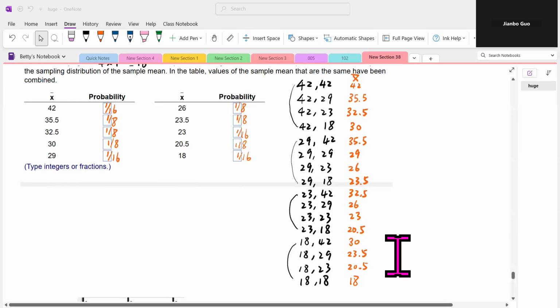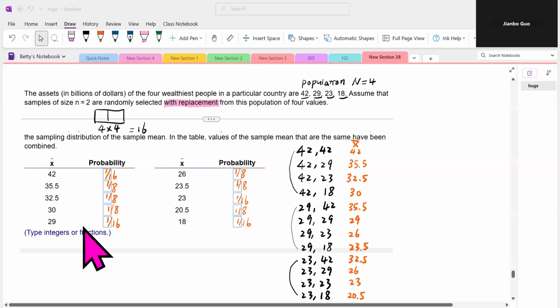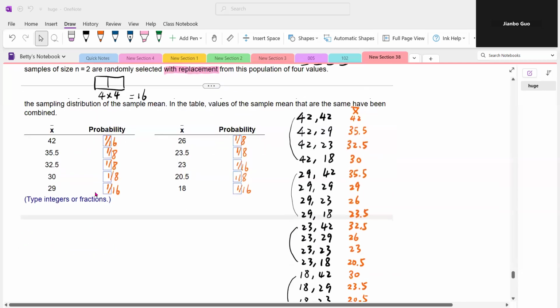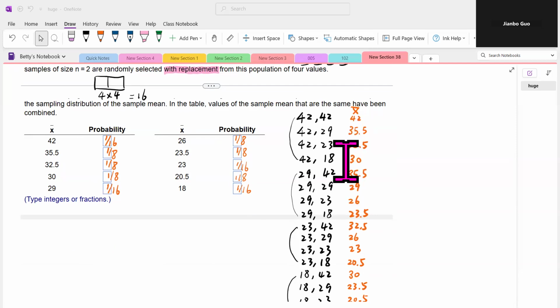And 29, we only have one 29. So the probability for the sample mean equal to 29 is 1 over 16, and so on. So you complete the table. This table is the probability distribution table for sample means.